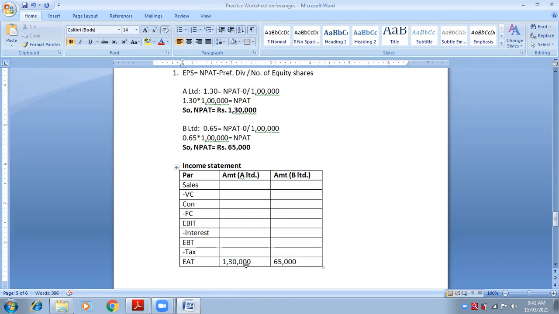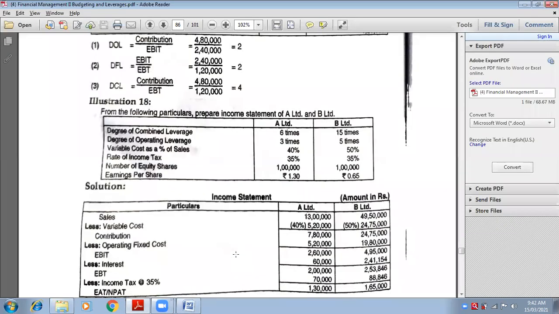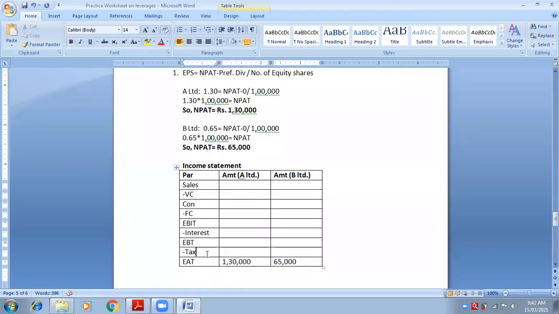Now tax can be easily found out. Tax is 35% in both the cases. So here in the bracket I will write 35%. Now tell me, 35% of what? EBT. But EBT is not given, so let us consider EBT as 100%.